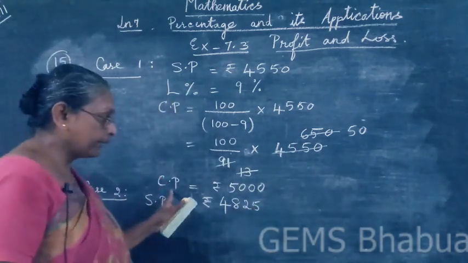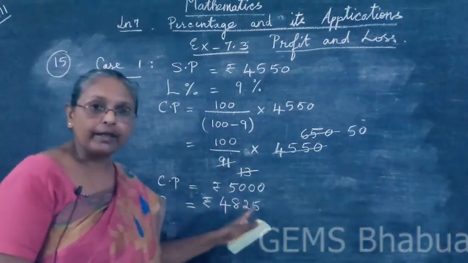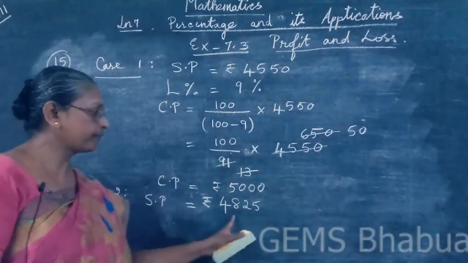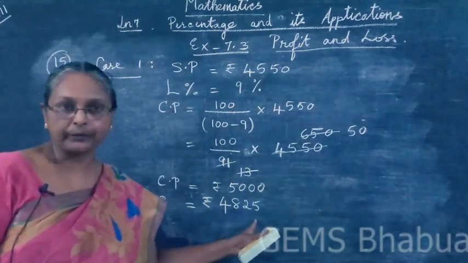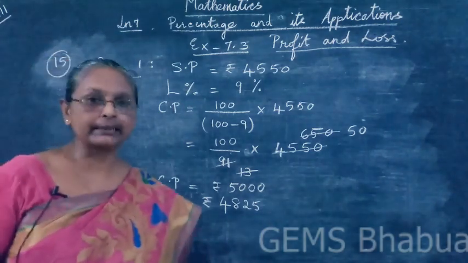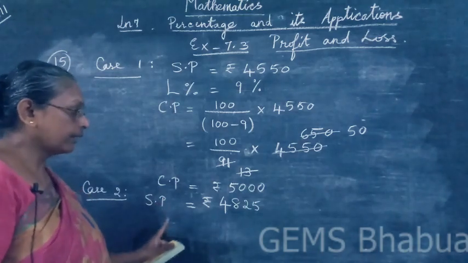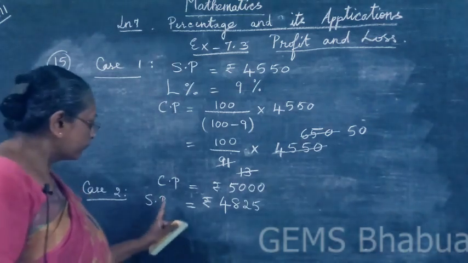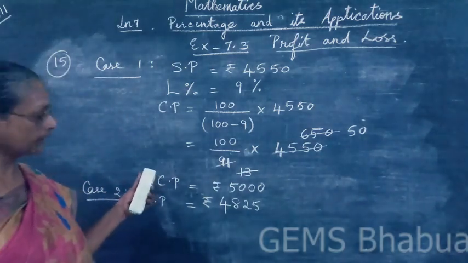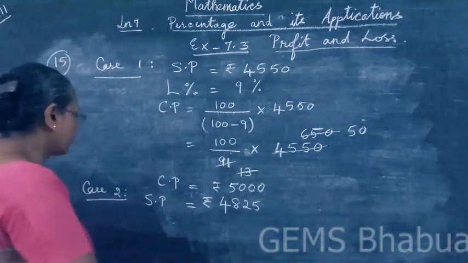So we know the CP to be rupees 5,000, and they are saying if he sells it for rupees 4,825, will it be a gain or a loss, and what is the percentage that we have to find? For that we have to see which is greater. Here CP is greater, so again there is a loss only, because CP is greater, it is a loss.